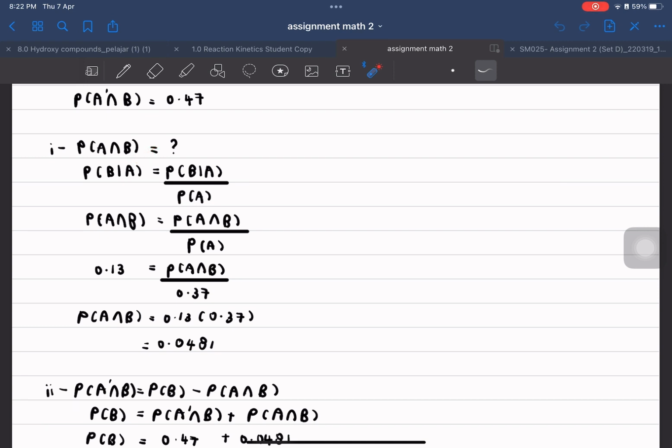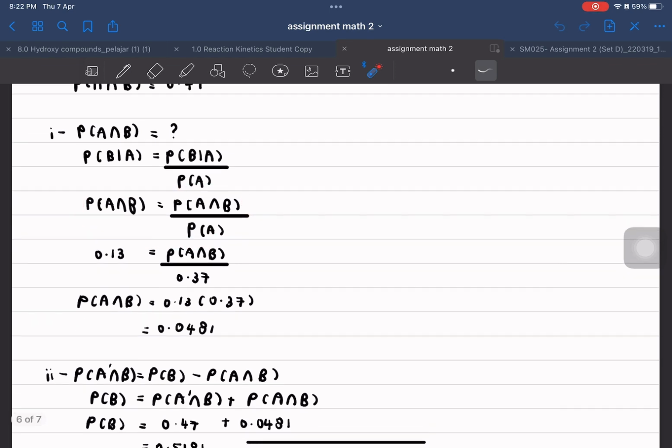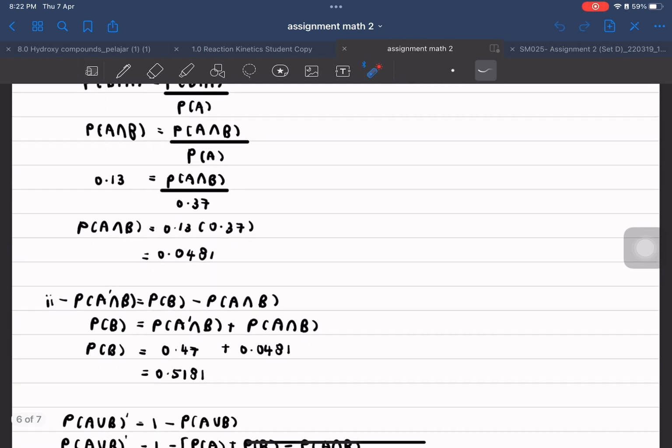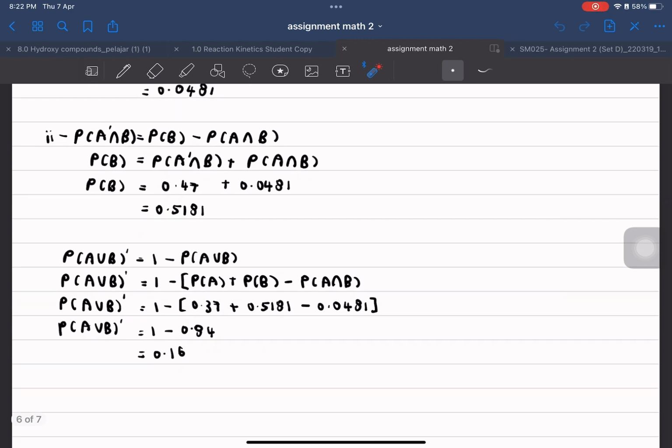For question A1, we need to find probability A intersect B. Here we must know that probability B given A is equal to probability A intersect B over probability A.